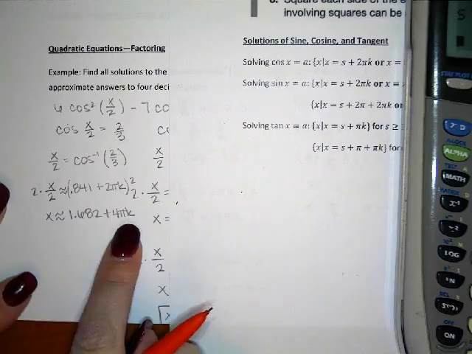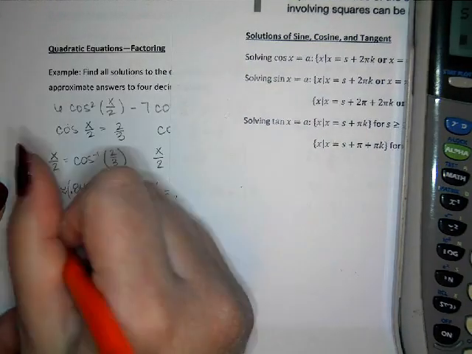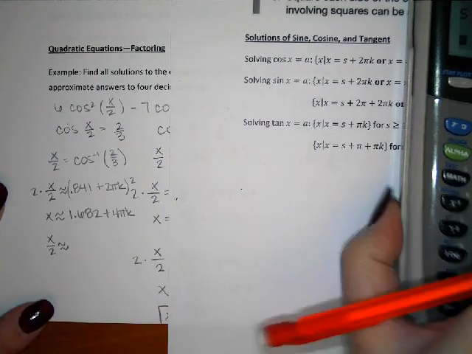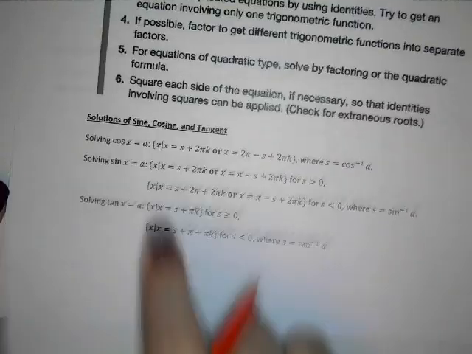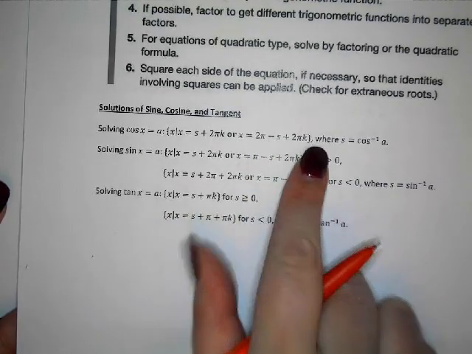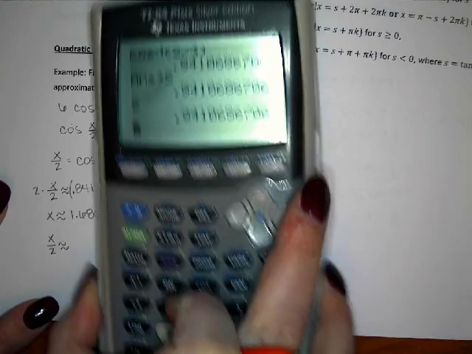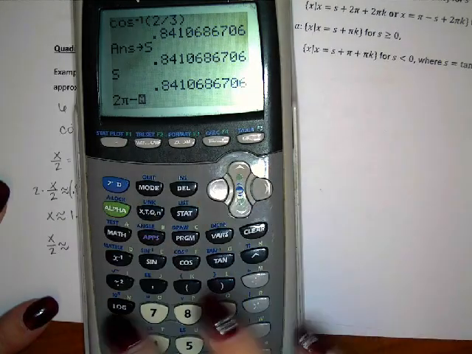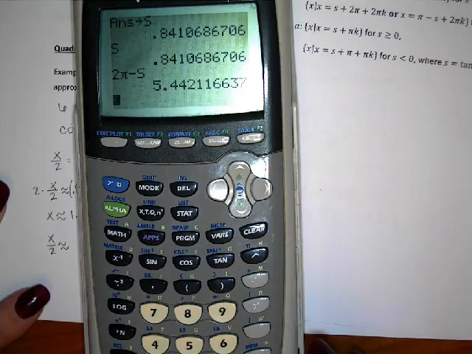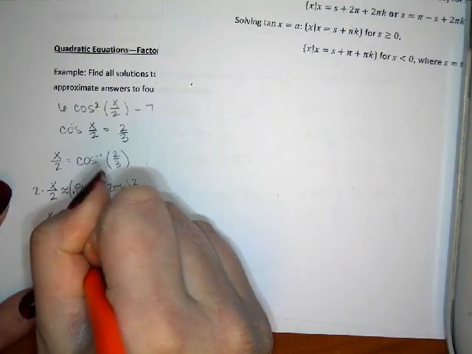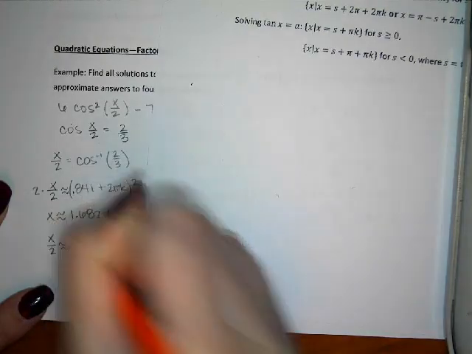For my second set of answers, x over 2, for cos, the second set of answers is if you do 2 pi minus s and then plus 2 pi k. So I'm going to do 2 pi minus s for my second set of answers, 5.442, plus 2 pi k.